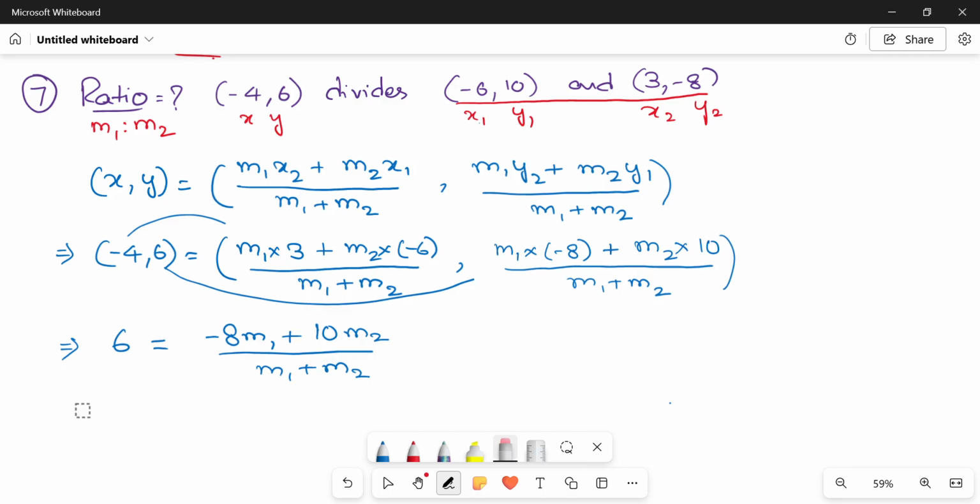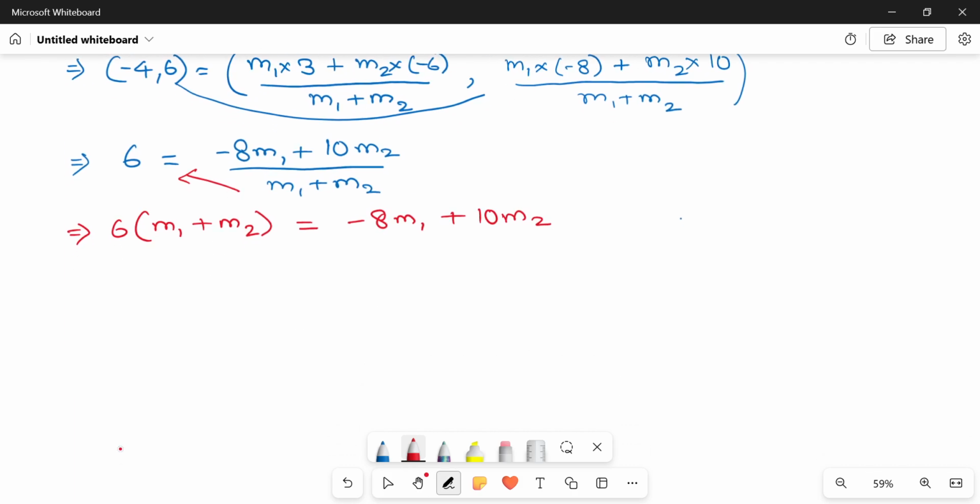That implies, when I transpose this, 6 times m1 plus m2. Since we have two terms, let us keep it in brackets, is equal to minus 8 m1 plus 10 m2. So that implies 6 m1 plus 6 m2 is equal to minus 8 m1 plus 10 m2.